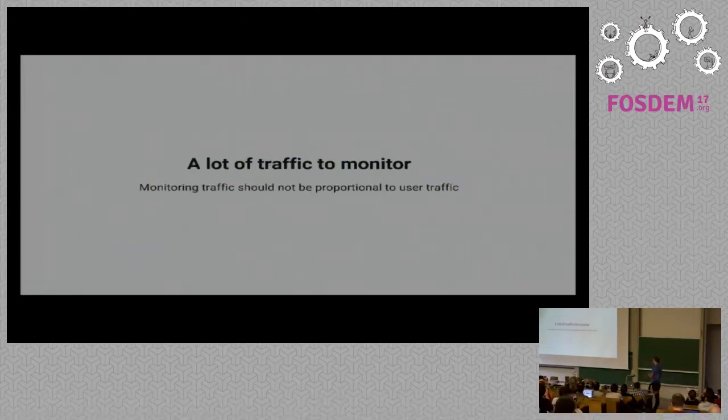And the benefit of having time series data as your foundation for alerting is that it solves a lot of problems you would otherwise have to resolve in your alerting system. For example, you have a lot of traffic to monitor. Let's say you have some sort of web service, and now you're getting scraped or DDoSed, however you want to call it. Some external source is increasing your traffic, and this should not cause your monitoring traffic to increase.